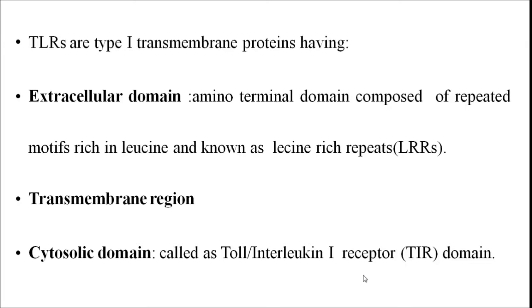The second structure of this TLR, the transmembrane region, spans the plasma membrane a single time, and the third one is the cytosolic domain. The cytosolic domain is also known as the toll or interleukin-1 receptor domain.